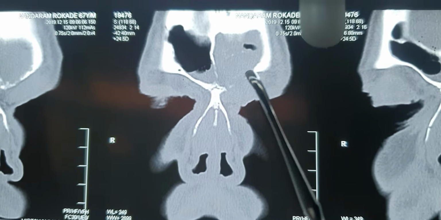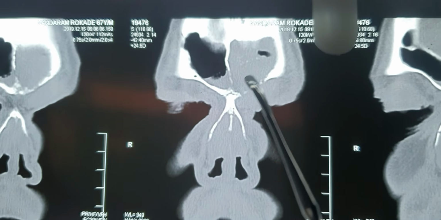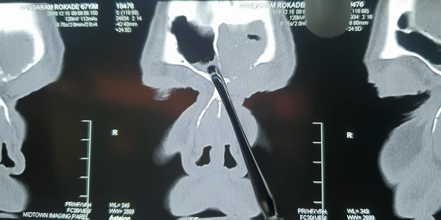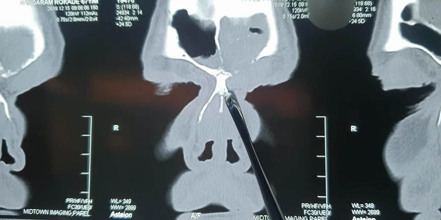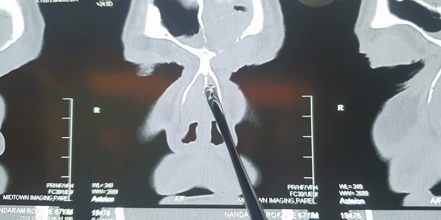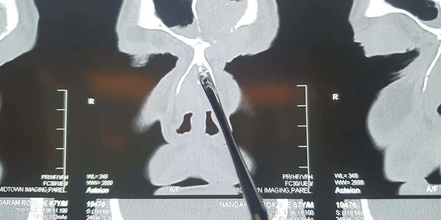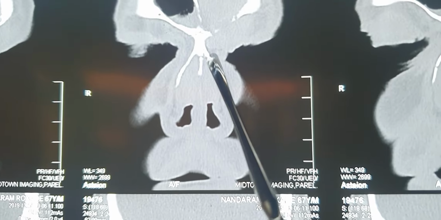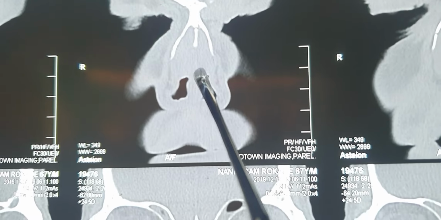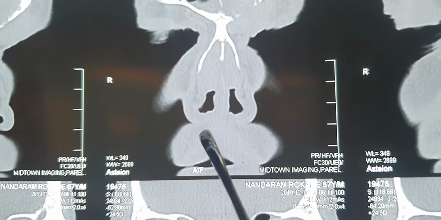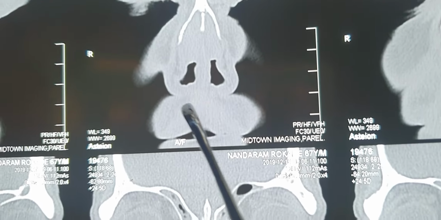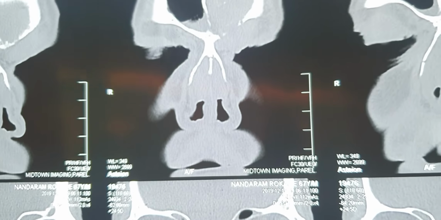So the entire left frontal sinus is full of opacification, with minimal opacification on the right side of the frontal sinus. As you go below, you can see this is a nasal bone. This is the perpendicular plate of the ethmoid, and these two long processes are the frontonasal processes of the maxilla with the septal cartilage, and this is the area near the lip, the skin of the lip. That's the lip area.